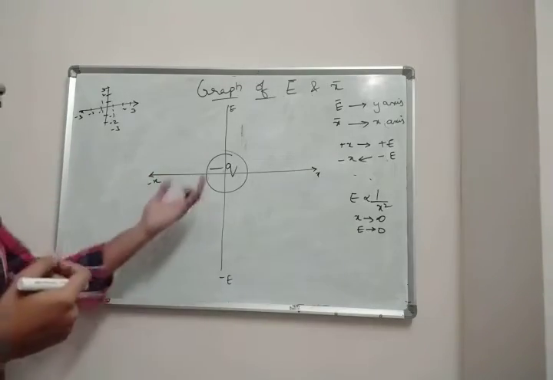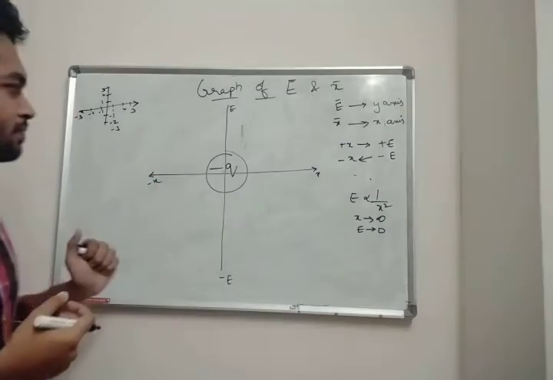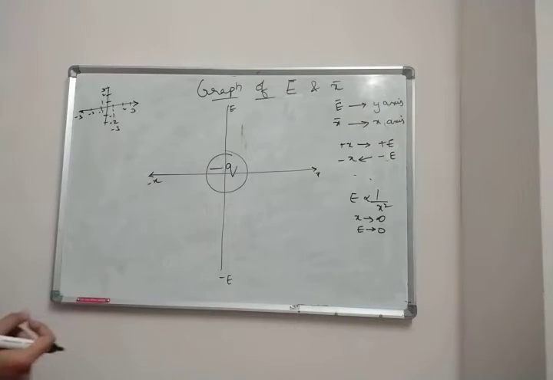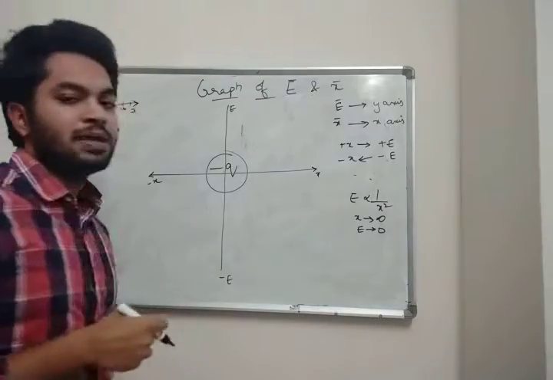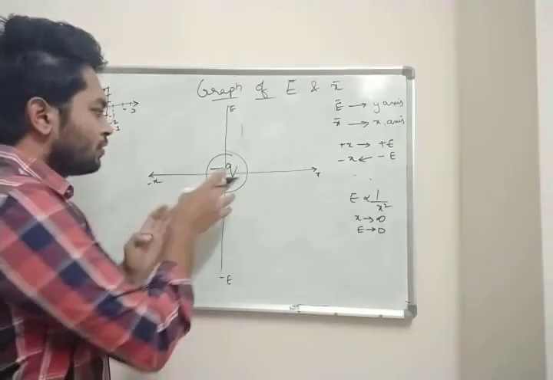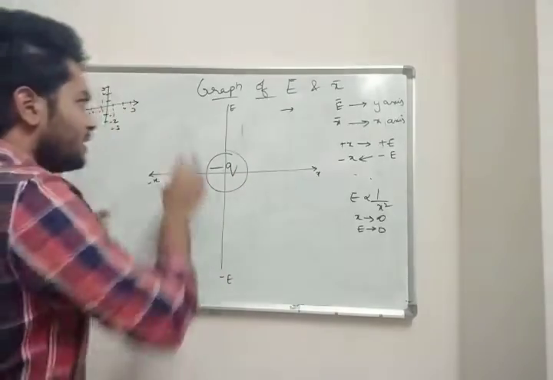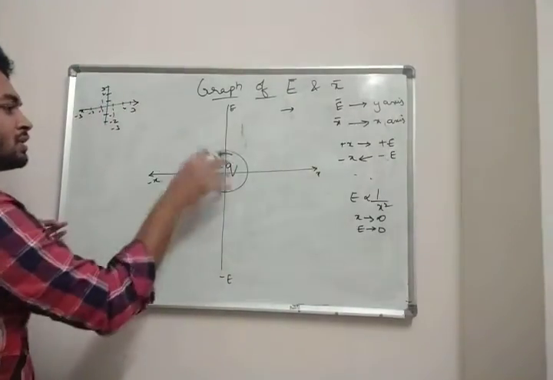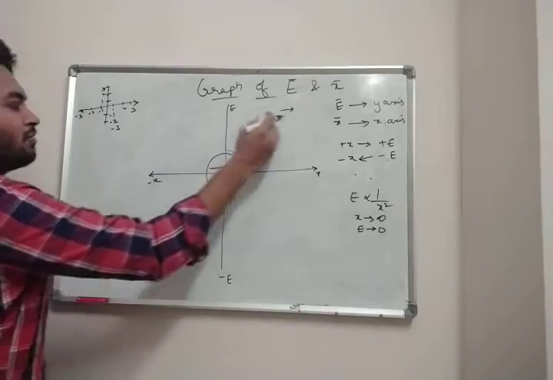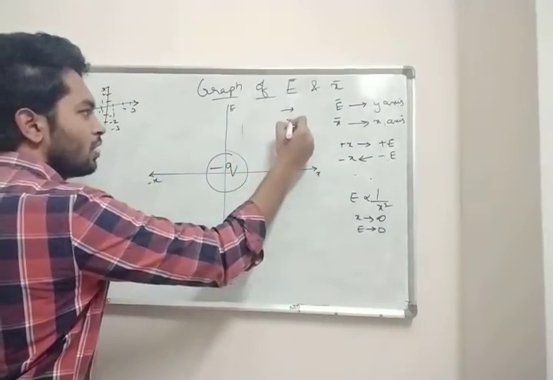Now due to this negative q, how will the electric field be? Due to this, in this axis it will be in this direction, and in this axis it will be towards it.